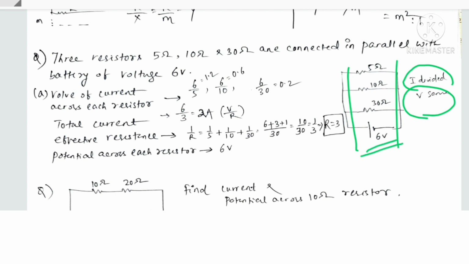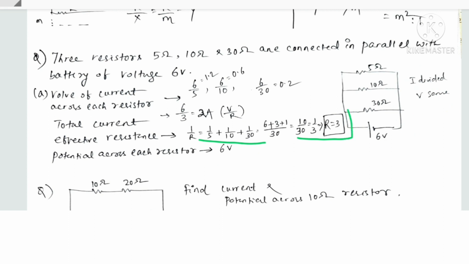That means potential across each of these resistors will also be 6 volt. Okay, current gets divided. So what will be the total current, students? Total potential is known. First let us find the total resistance. You can find 1 by 5 plus 1 by 10 plus 1 by 30 like this, and R has to be found. R equivalent is 3.